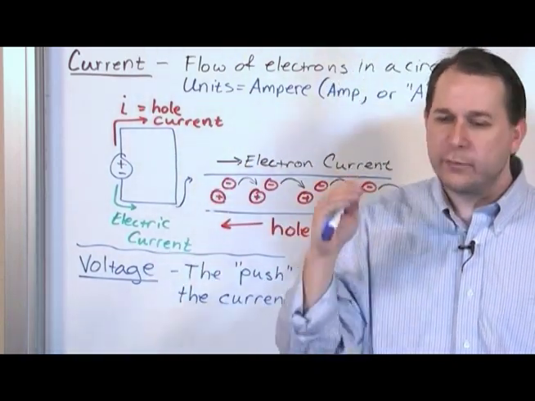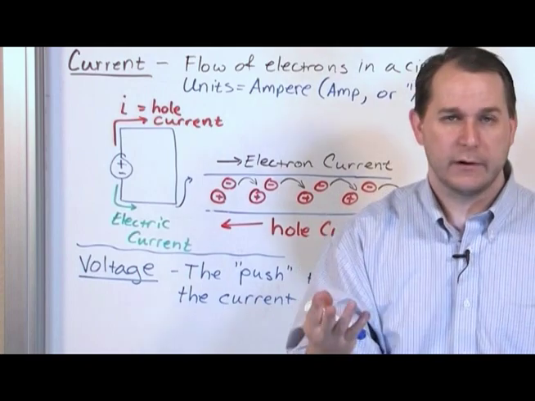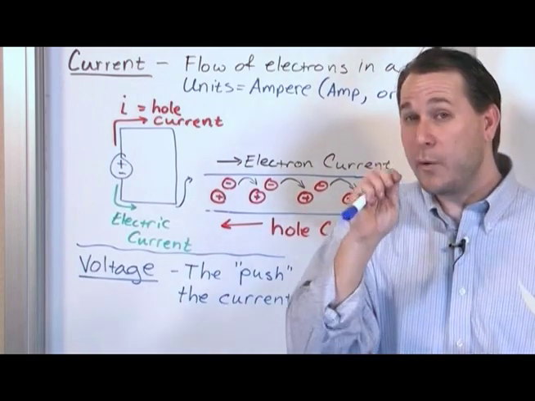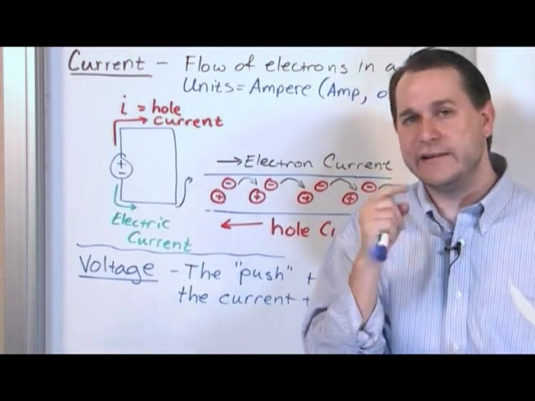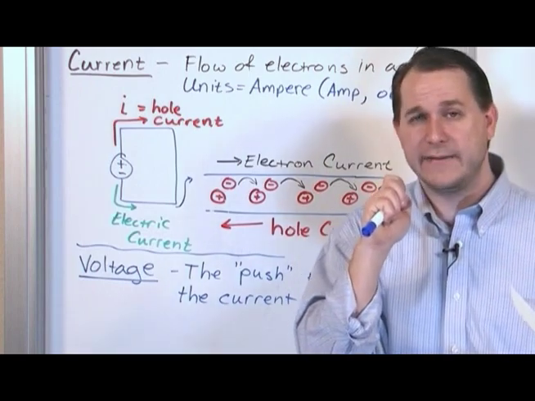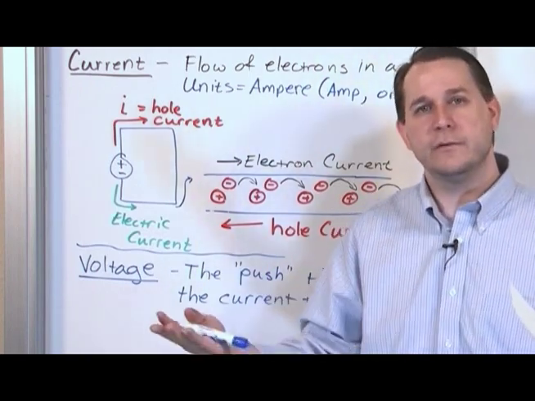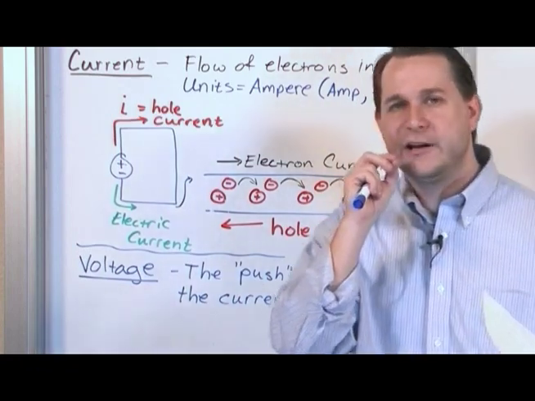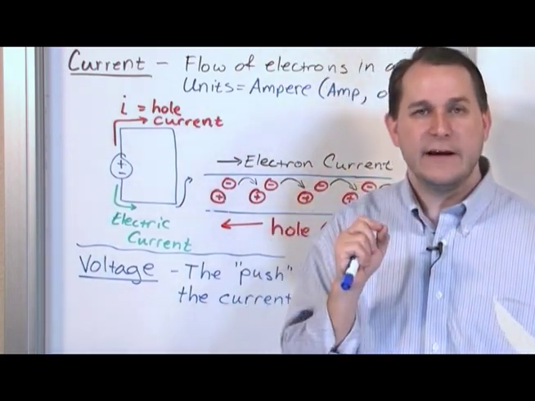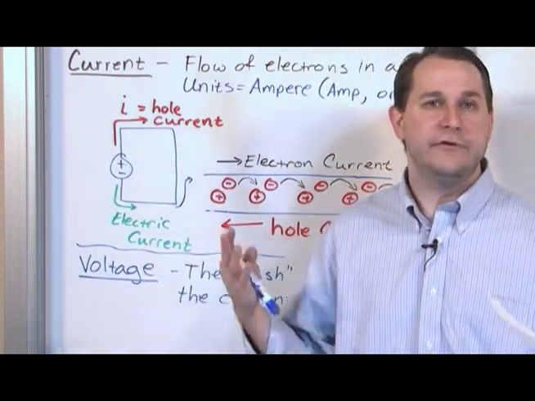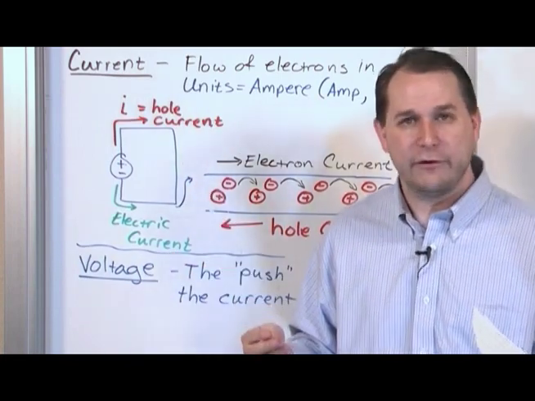That's what the current is. That's what's actually doing the movement and doing the work, all right? Now, I'm actually blowing on it, so I'm pushing, I'm actually increasing the pressure at the end of that thing. That's causing the current to move. That's the voltage. The push that I give it, the pressure that I give it, is what's actually causing the current to move, or in this case, the air to move through the straw.